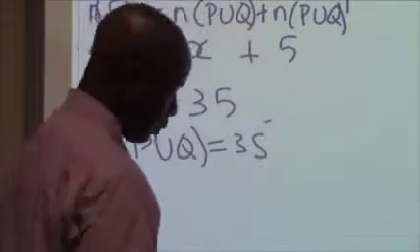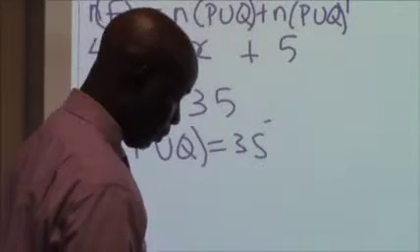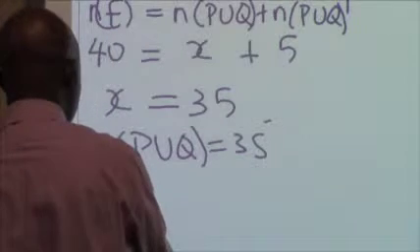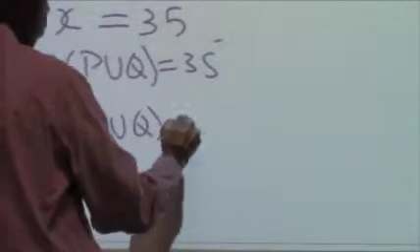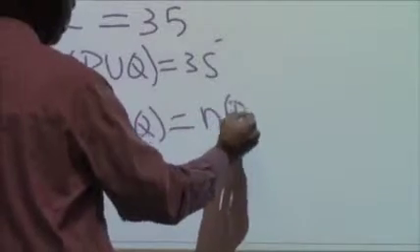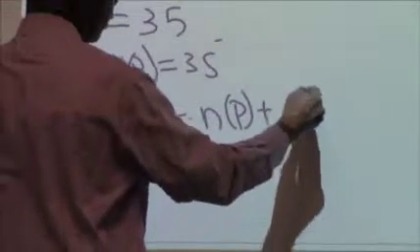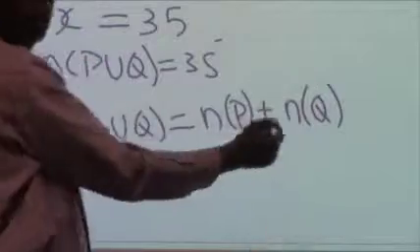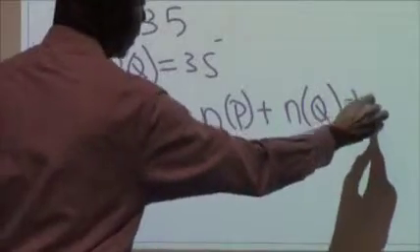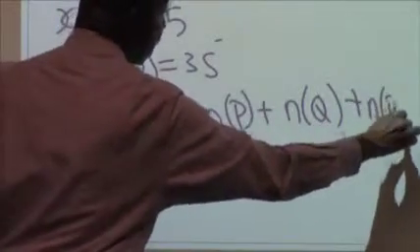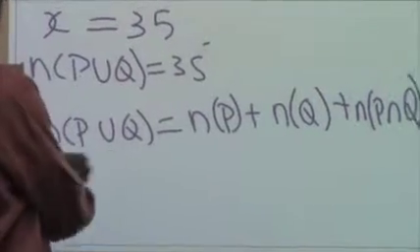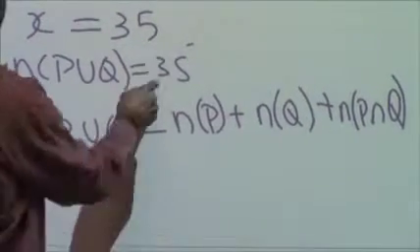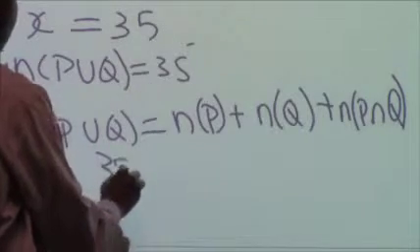Now, let's go back to our problem and see if we can do this. So we can see the number of elements in P union Q will be equal to the number of elements in P plus the number of elements in Q plus the number of elements in P intersect Q. That is what we want to find. Do we know the number of elements in P union Q? That's it right over there, 35.